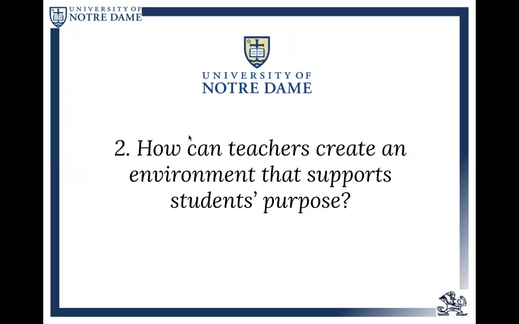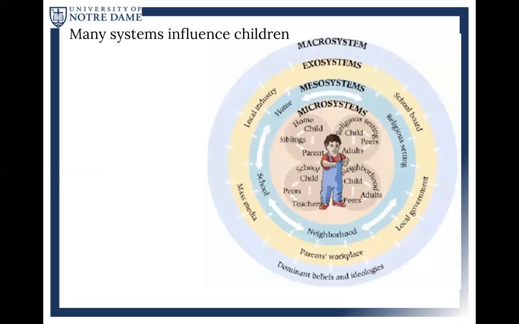Our second major question here is how we as teachers can create an environment that supports students' purpose. So as Nick mentioned briefly in his section, there are many things and many systems that influence children's development.